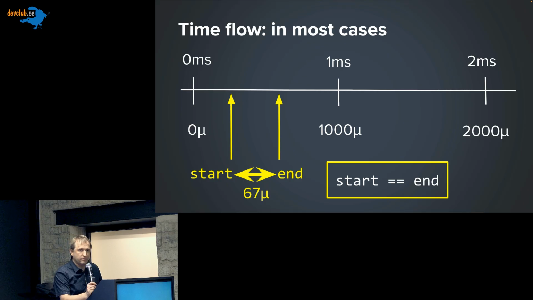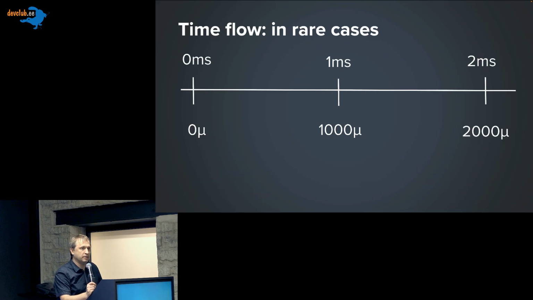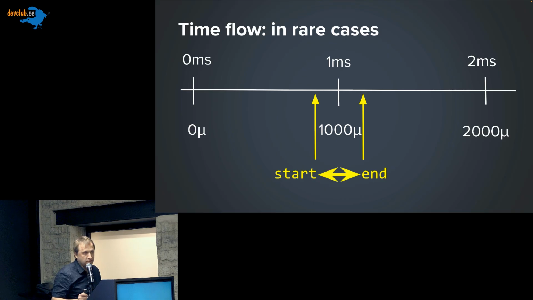But sometimes, very rarely, it might happen, even if the test itself is very fast, that the first timestamp we took in the end of the first millisecond, but the next timestamp we took in the beginning of the next millisecond. And then, even if the test itself is very fast, with very few microseconds between them, still they belong to 2 different milliseconds.